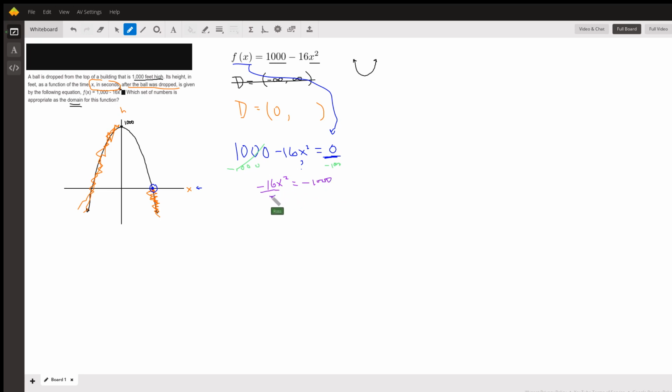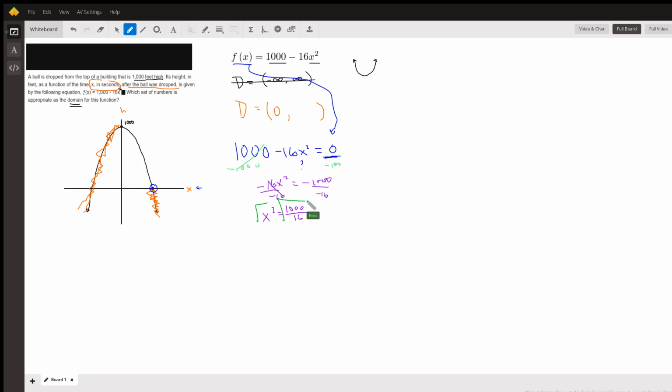Then divide by your negative 16 because we're multiplying by that x squared, negative 16, and then x squared is equal to, remember a negative divided by a negative is a positive, so this is just going to be 1,000 divided by 16. And I'm leaving it like that for now instead of dividing it, just because I don't want to mess with a messy decimal. And then the last thing to do, because I want x, not x squared, is I'm going to take the square root of both sides.